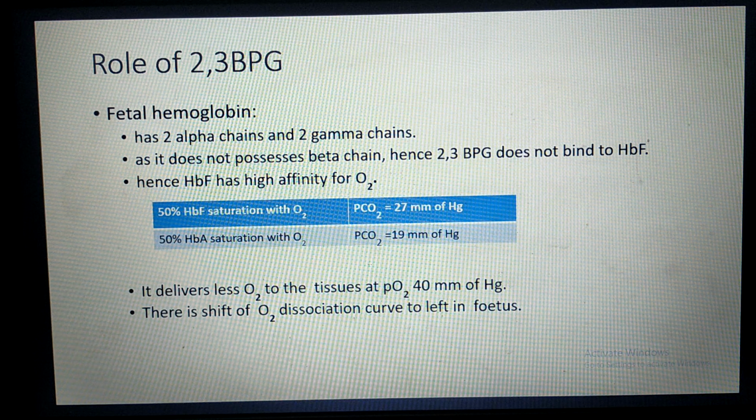It delivers less oxygen to the tissue, as I have told you, at PO2 40 mm of Hg, which is seen in the tissues. Therefore, there is a shift of the oxygen dissociation curve to the left in the fetus.